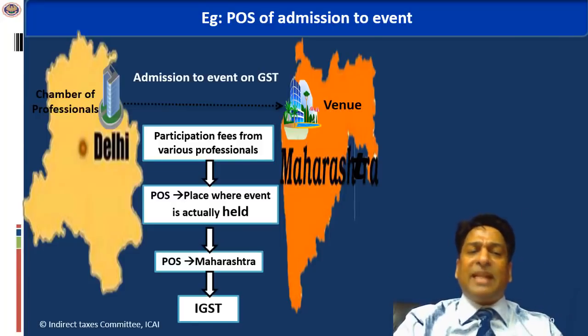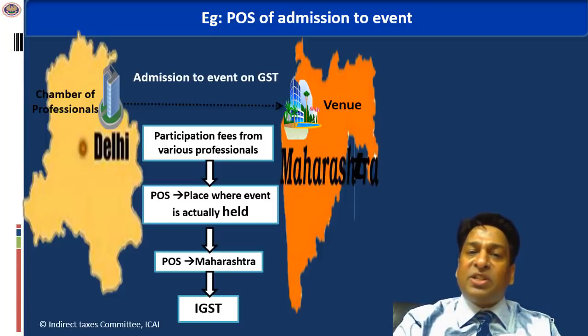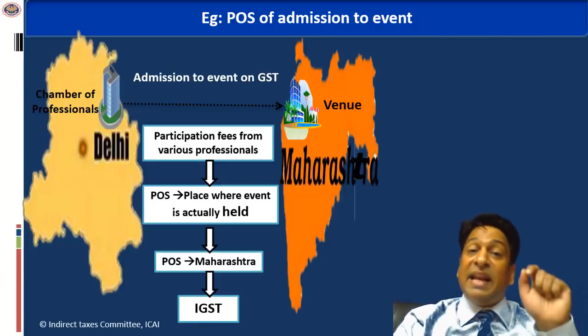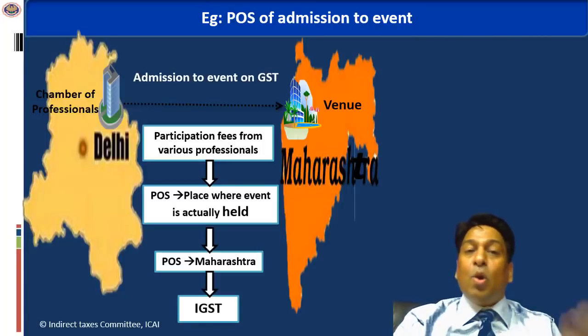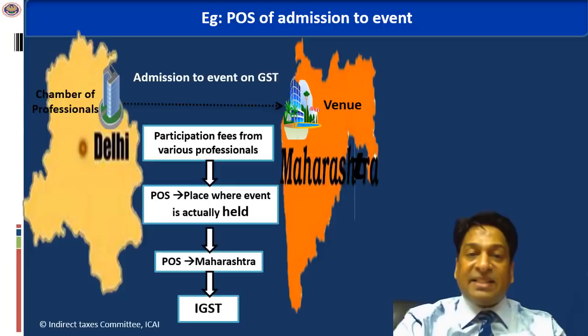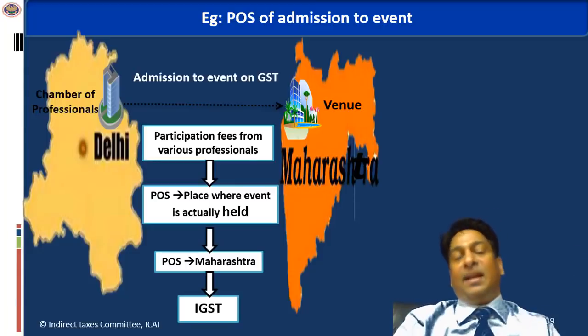Let's assume some Delhi participants are now participating in this GST workshop or seminar happening at Mumbai. The question comes for participation fees, which is admission to the event: what would be the place of supply? So the place of supply for admission to an event, as stated, is the place where the event is actually held.